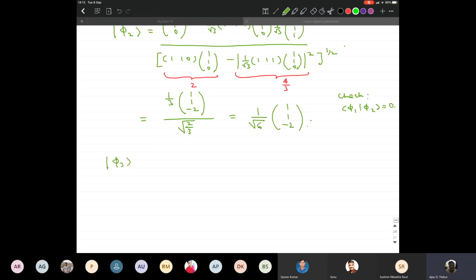So phi3 is going to be, as we saw earlier, so let me rewrite that just to make sure that you recall and you are able to make a connection.